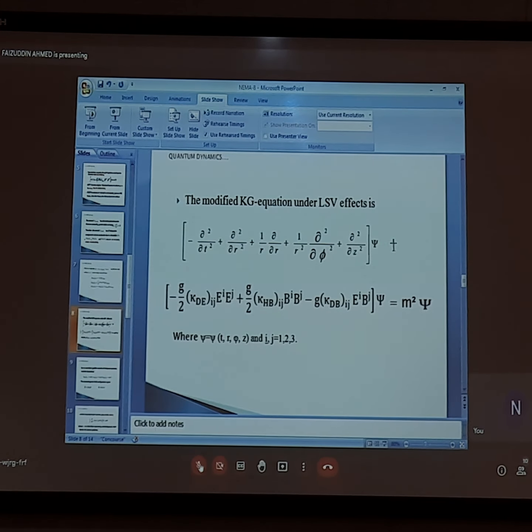This one is the known part, and this is the additional part that contains the Lorentz symmetry violation, while E and B are the electric and magnetic fields of the electromagnetic field tensor. So one may choose here the electric field, or the magnetic field, or a combination of both, along with the mass of the scalar particles.